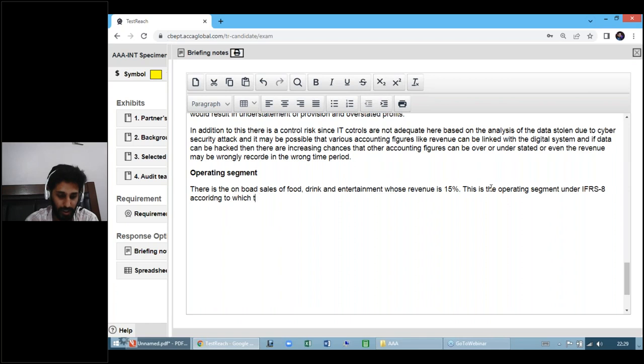according to which a segment is said to be an operating segment when it is a separate component of the entity.